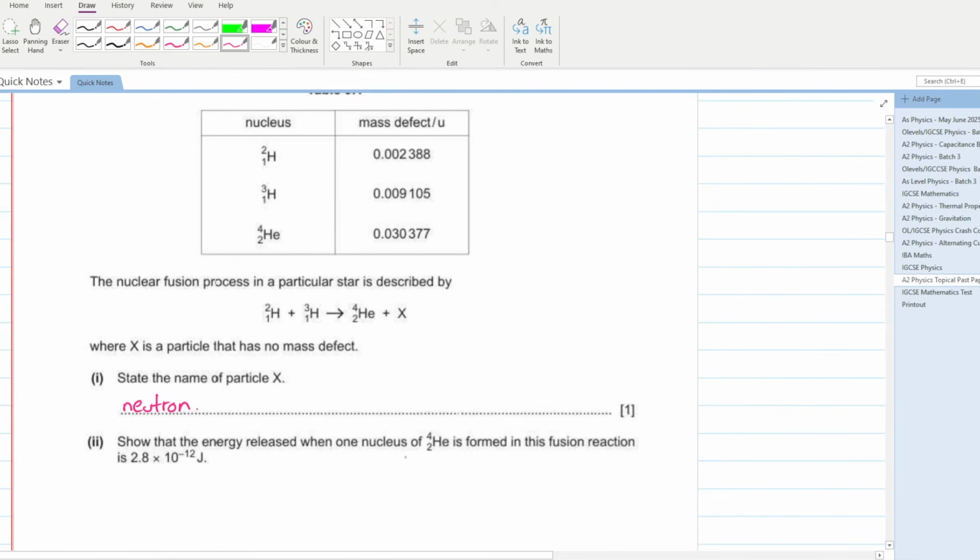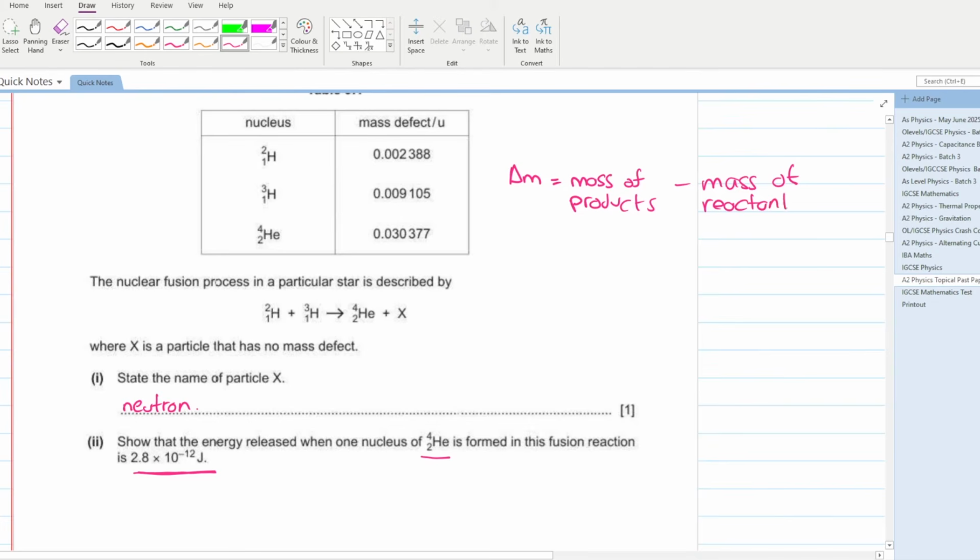Show that the energy released when one nucleus of helium is formed in this fusion reaction is this. We have to show this energy. So first of all, we will calculate the mass defect. How can I calculate the mass defect? Mass of products minus the mass of reactants. Simple as that. So what is the mass of products?